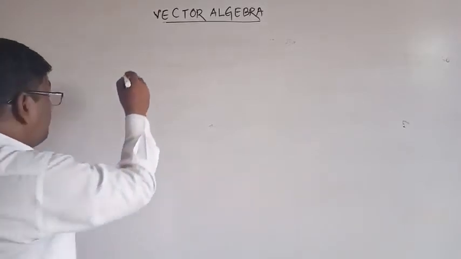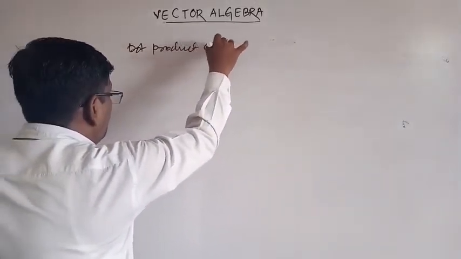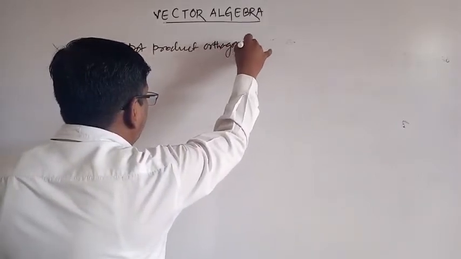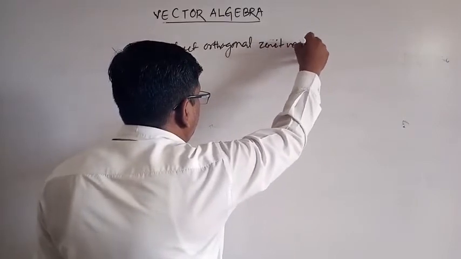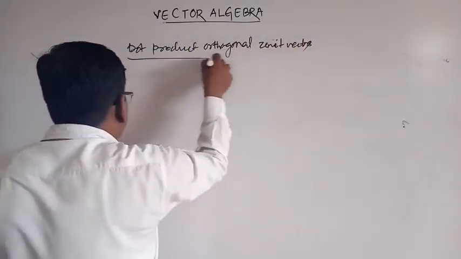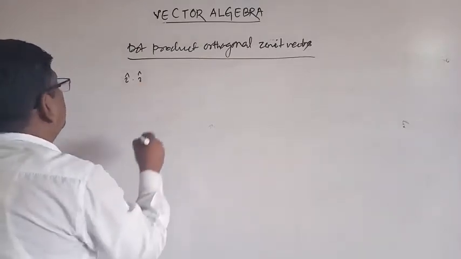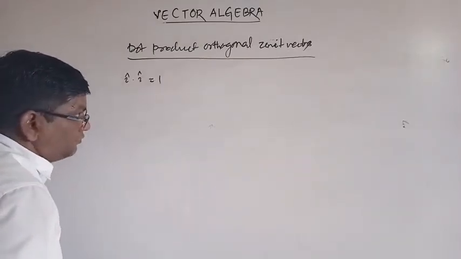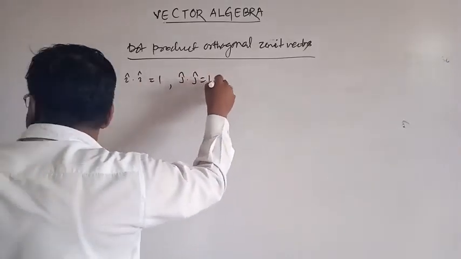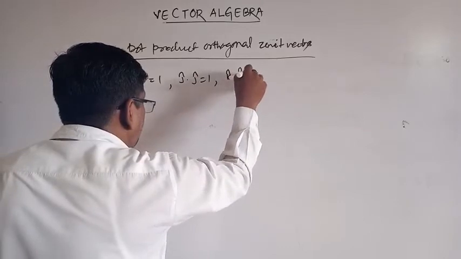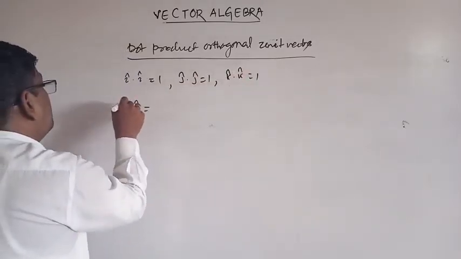Then dot product of orthogonal unit vectors, that is I dot I is equal to 1, J dot J is equal to 1, K dot K is equal to 1, I dot J is equal to 0.